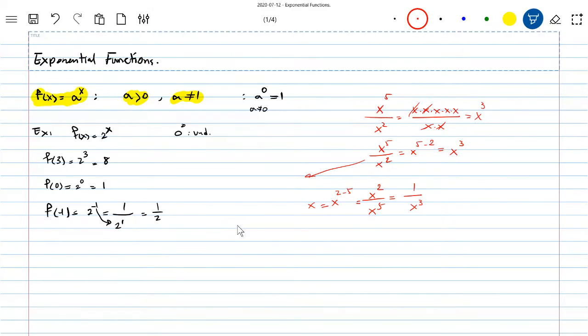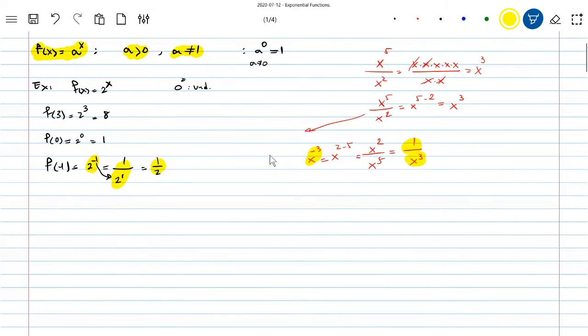What is that? x to the power negative 3. So I can say x to the power negative number is the same as 1 divided by x to the power positive number. This is the same as saying 2 to the power negative 1 is the same as 1 over 2 to the power positive 1. That's what I wanted to get to. It's just basic division. You can extend it and use it this way.